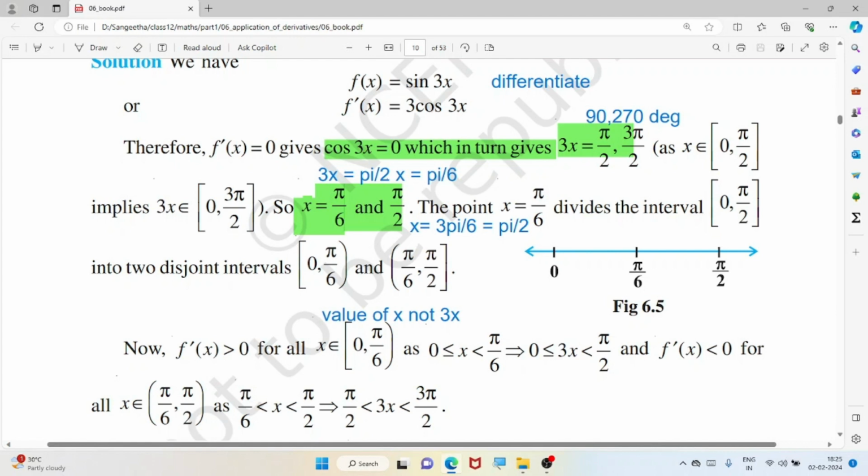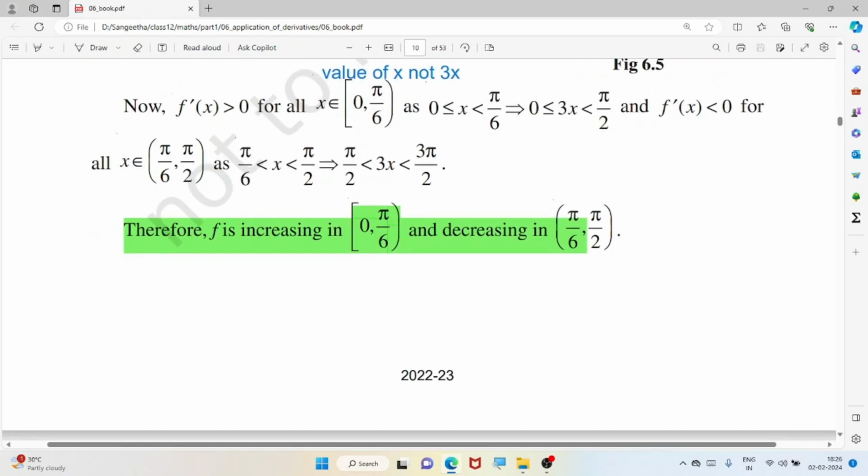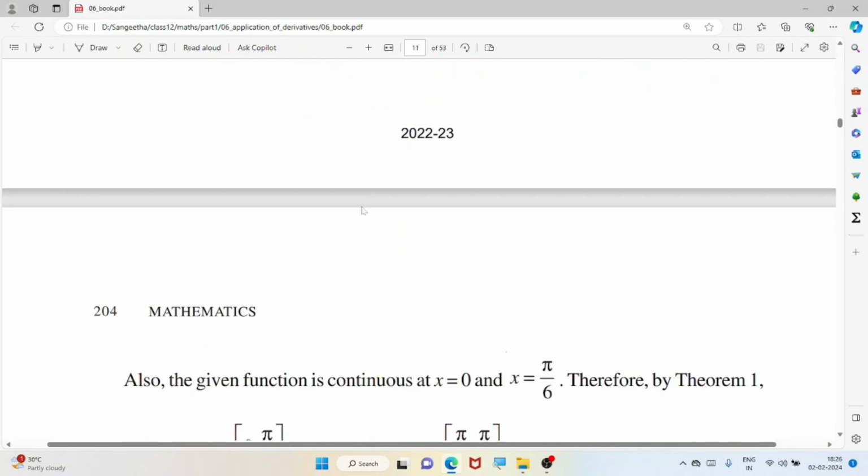This is how you convert the interval, and that is important here, because 3x is given and we convert it for the interval of x. After that, the other steps are similar to the previous problems.